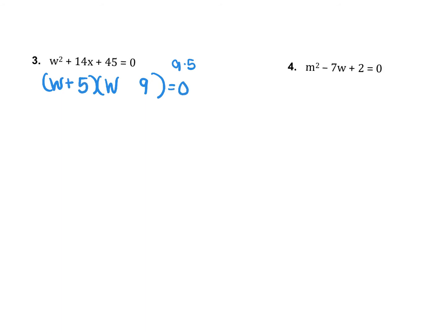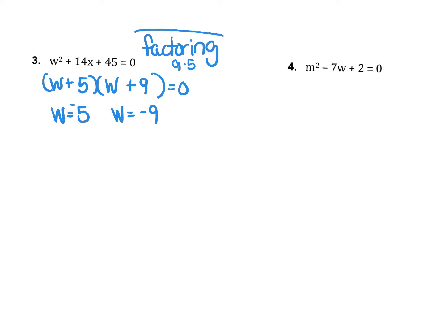And because I had a plus in the middle, I'd have plus 5. So I'm going to have w is equal to, I'm going to subtract the 5, so w is going to be equal to negative 5, and w will be equal to negative 9. So the fastest way for us, or the easiest, would be factoring. And here are our solutions.